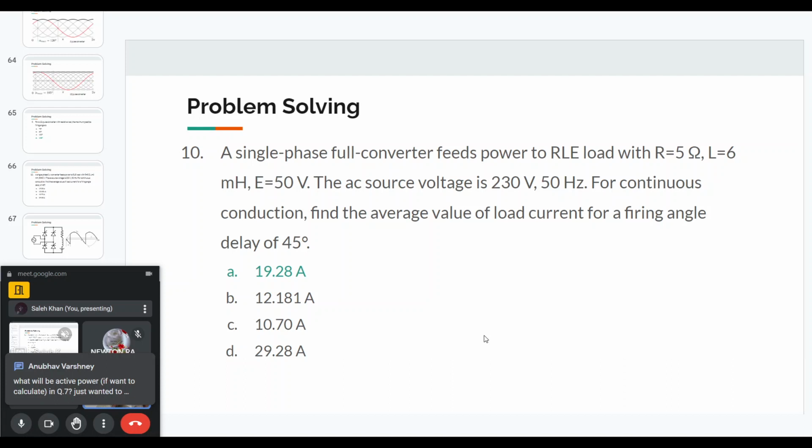You can consider the battery as a capacitive voltage too, but in practice RLC loads are rare. You can have an RC load where the C is in parallel with the resistance, but you will mostly encounter RL loads, RLE loads, or RC loads where the R and C are in parallel.